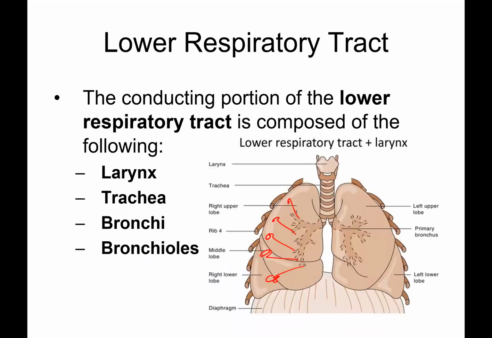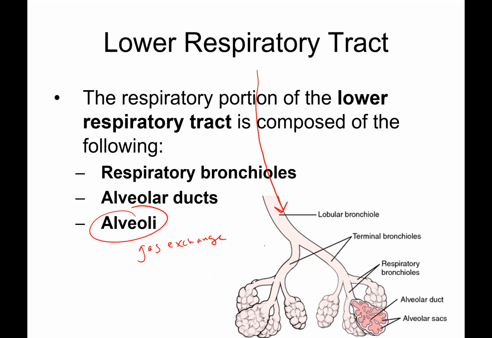We are way out here in the distal part of the lung field. You're getting into your terminal bronchioles, because they're coming to an end. Terminal bronchioles. Then you're going to get into the respiratory bronchioles that then give rise to the alveoli.